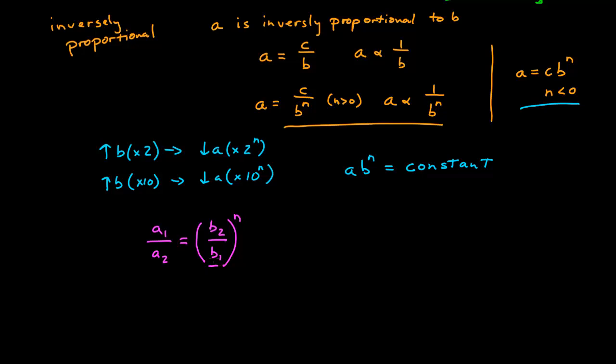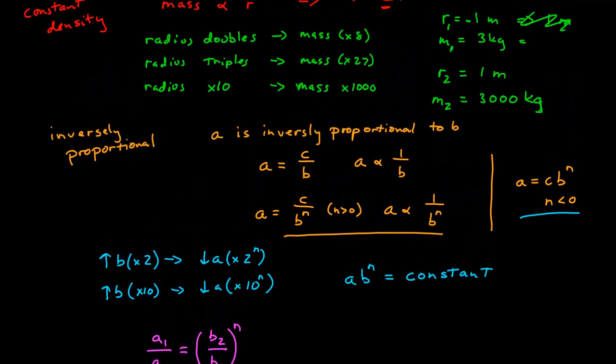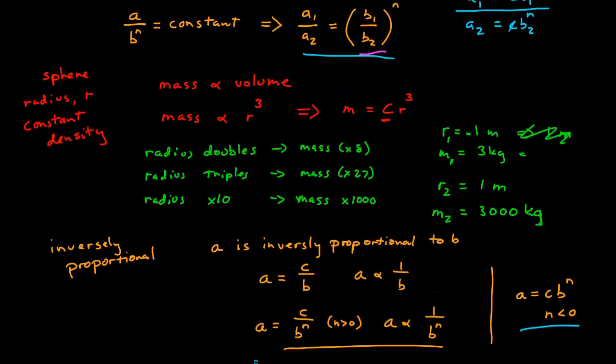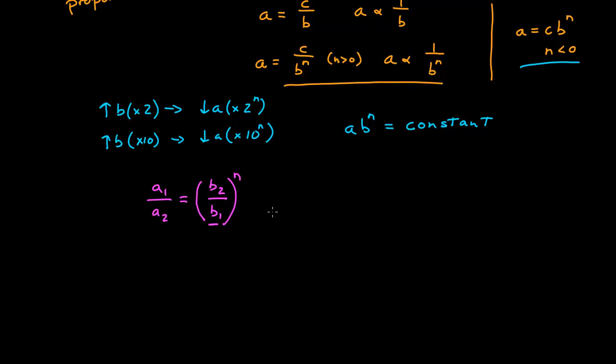And you can see it's the same as before, except the B's are inverted. Where here this was B1 over B2 to the n, I now have B2 over B1 to the n. And so I can again use this proportional reasoning to solve problems without ever solving for what this constant happens to be.